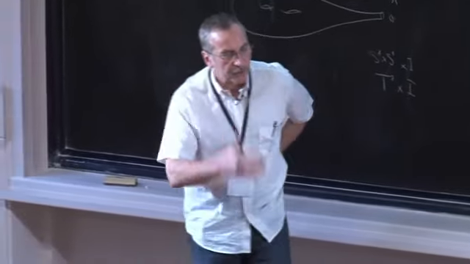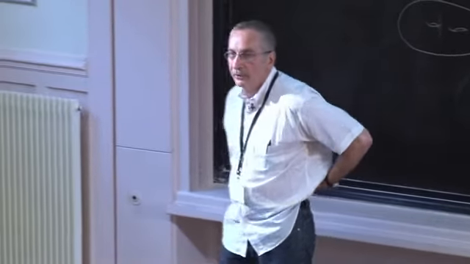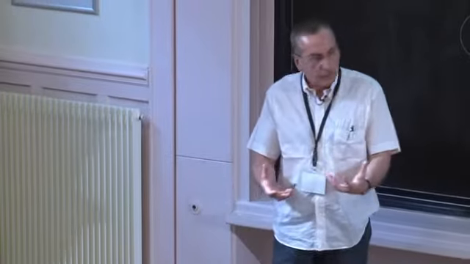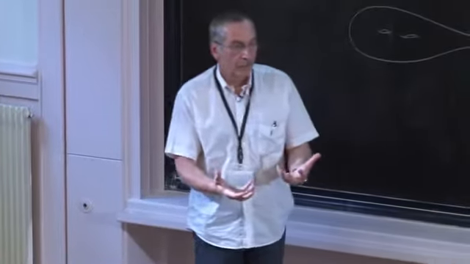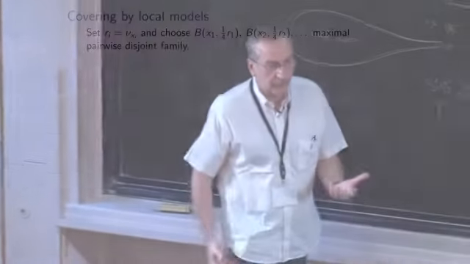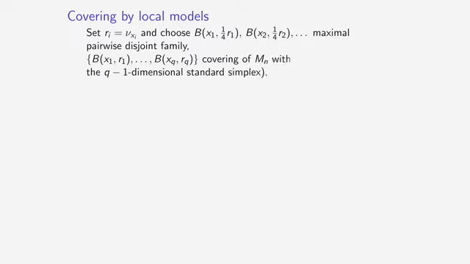First of all, I changed notation because this nu is very complicated to write. So I use Ri for nu of xi. And so we have these local models with our metric balls, and I will construct a finite covering by these local models. First we take a maximal packing by balls of radius 1/4 of the Ri, so that the balls of radius Ri form a covering of the manifold.